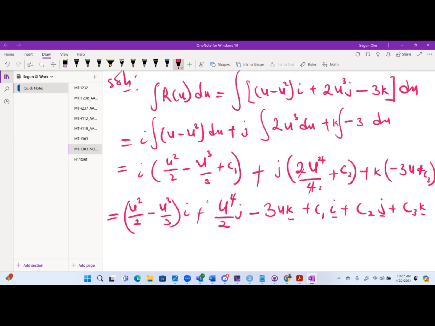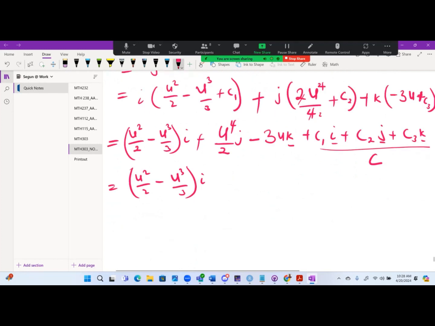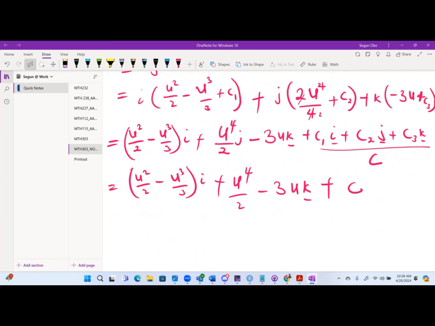Now, remember I told you constant plus constant will give you constant. Everything here is still C. So the final answer will be u squared over 2 minus u cubed over 3 i. You can't add them together because their powers are different. Plus u raised to power 4 over 2 j minus 3u k. Everything plus C. That is your answer.